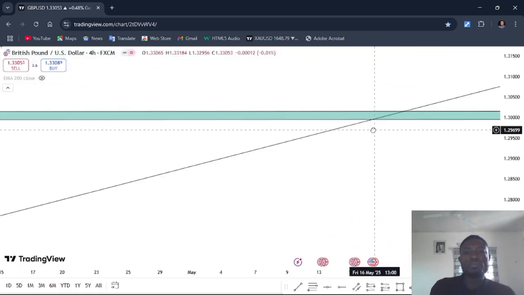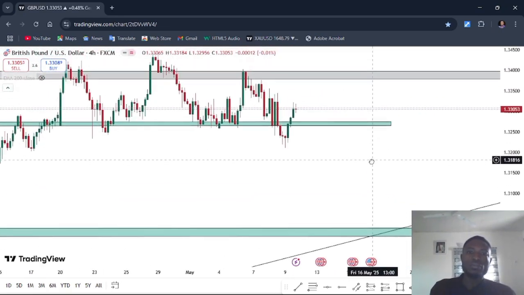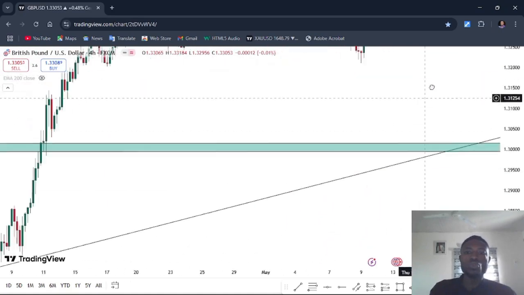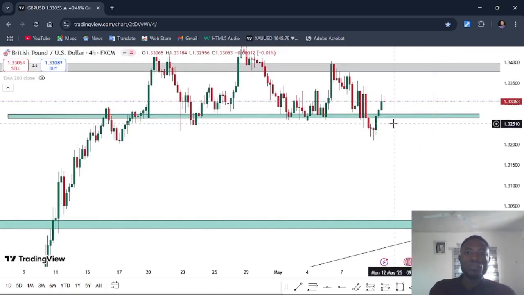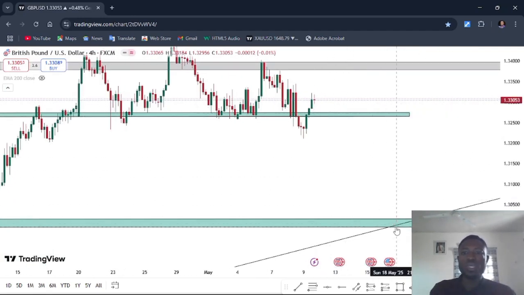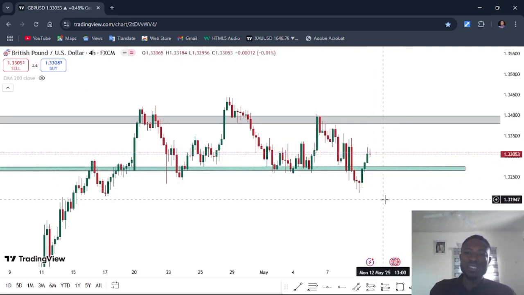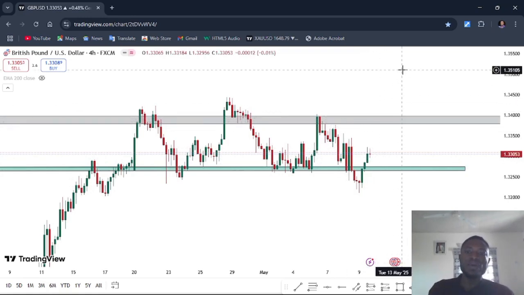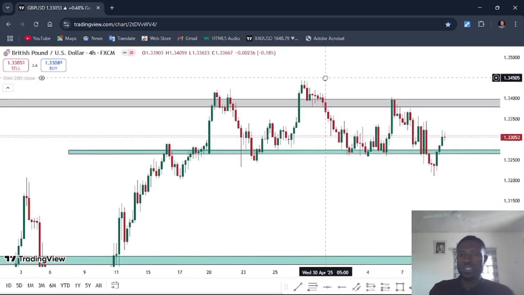Then if in future time price clears this trend line, we will now know that probably GBP USD wants to turn from a bullish trend to a bearish trend. But for now, I see this as a retracement. Price might clear this bar, head all the way here before it rallies up. But if that bearish scenario doesn't happen, I'll wait for a clear break of this our weekly resistance bar here, wait for a retest before I start looking for buying opportunities.